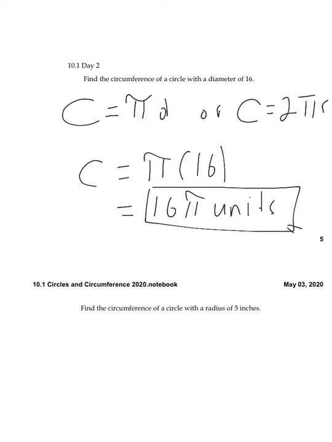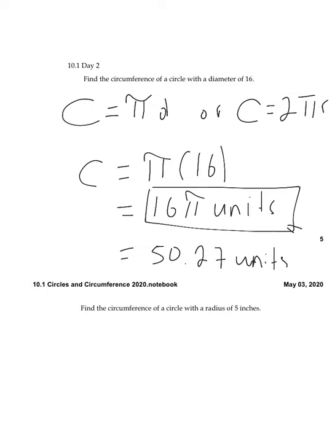If you want to get an approximation, you multiply 16 times pi, and my beautiful TI-83 tells me that the answer is 50.27. 50 and 27 hundredths units.